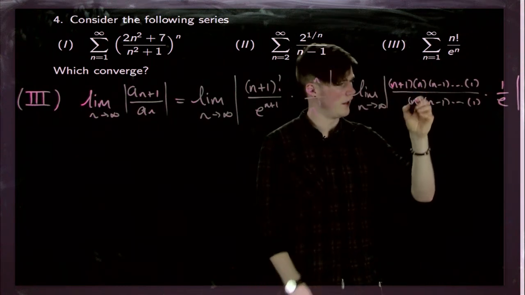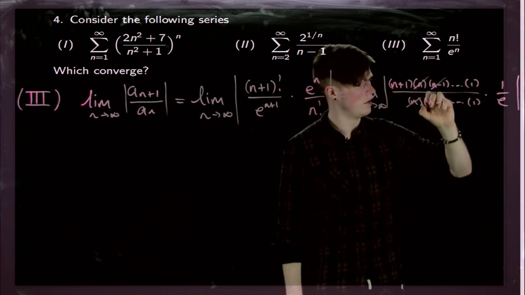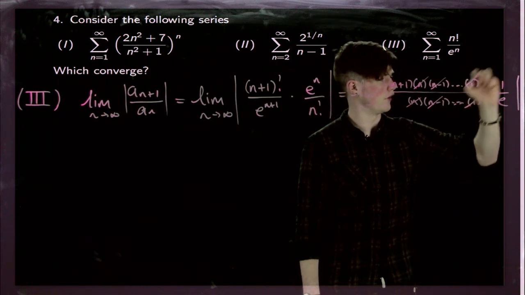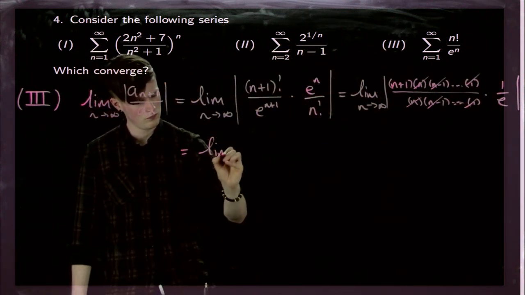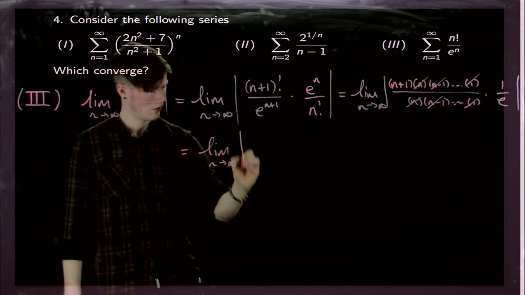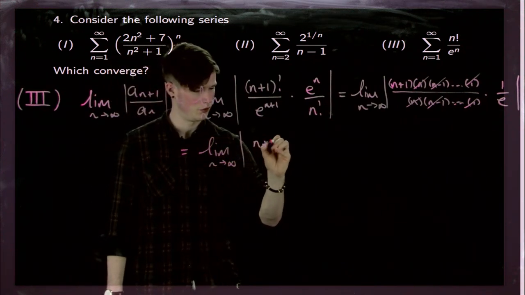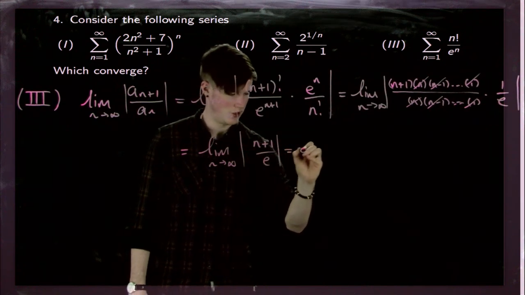We get all these cancellations, so we're just left with (n plus 1) over e. And we can see that that's infinity.